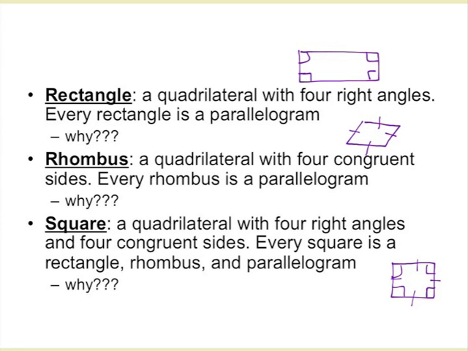So a square is a very, very, very special figure because it's lots of things. There are lots of special characteristics that will be true about a square. Anything that's true about a parallelogram will have to be true about a square since it's a parallelogram. Anything that's true about a rectangle or a rhombus will also be true about a square. So a square has a lot of special characteristics to it.